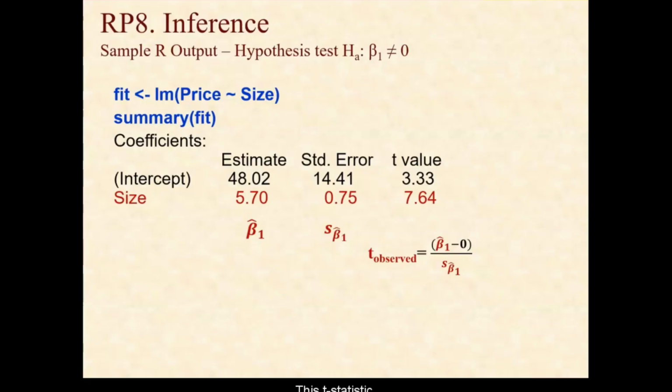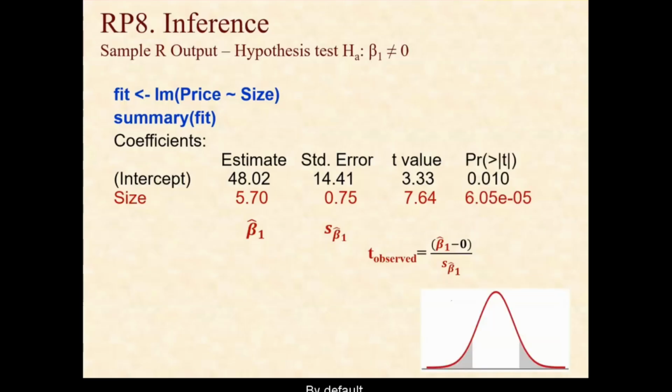This t-statistic, assuming H0 is true in the regression assumptions, has a t-distribution with n minus 2 degrees of freedom. We can use the t-statistic of 7.64 calculated from the sample data and this sampling distribution to find the p-value for the test. By default, R does the two-tailed hypothesis test with the HA as specified in the title of the slide.